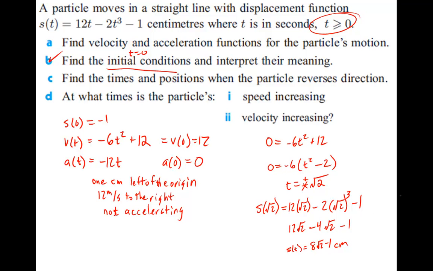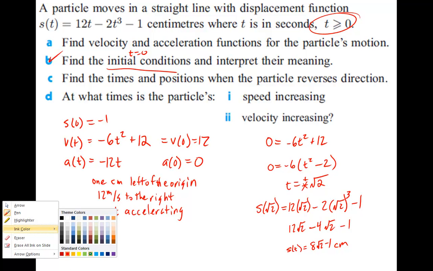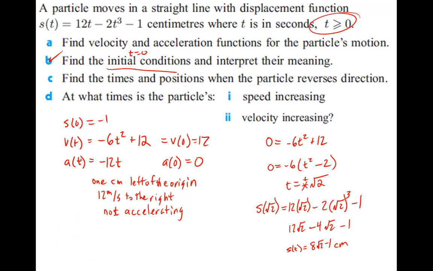All right, and then letter D: at what times is the particle's speed increasing and velocity increasing? In order to do that, we are going to need a sign diagram for both of these, the velocity and the acceleration. For velocity, I know the particle reverses direction when the velocity is 0, which is at t equals root 2.